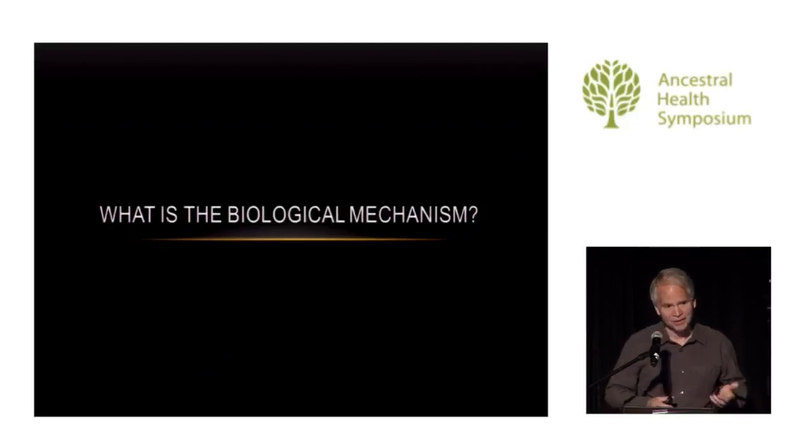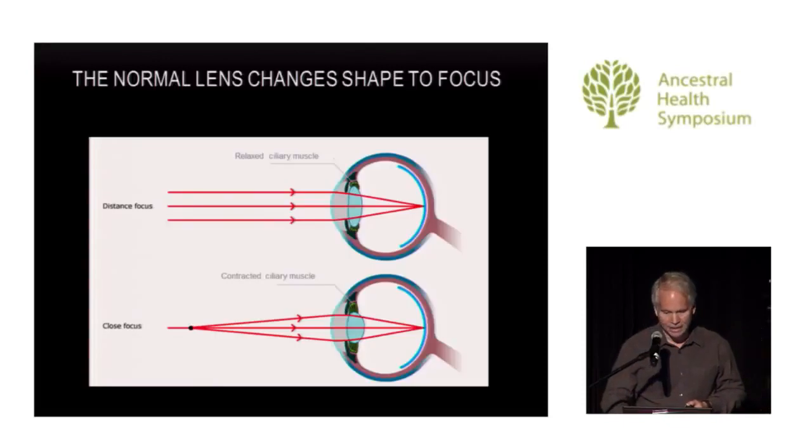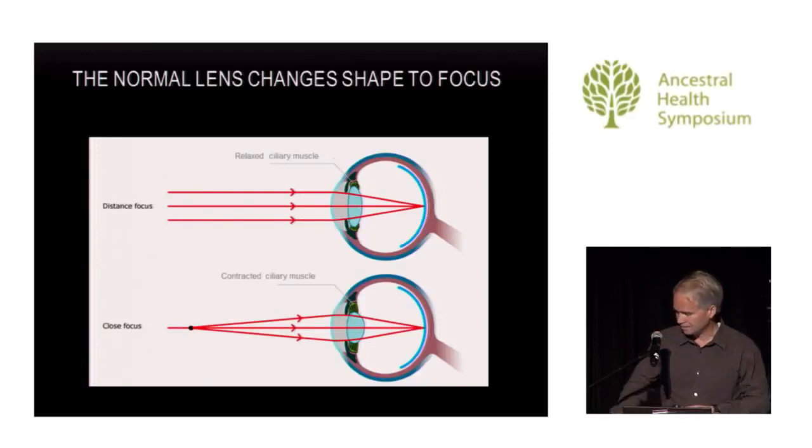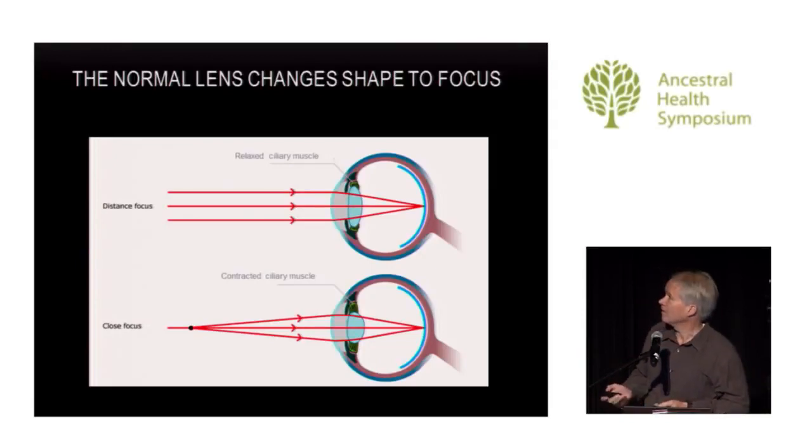So let's get into the biology. How can you explain this? All right. So I think it's important to start with an understanding of how the eye focuses light. If you look at the eye, it has this lens in it, the crystalline lens, which just as in a camera can change shape to focus light on the back of the retina where you perceive the image.